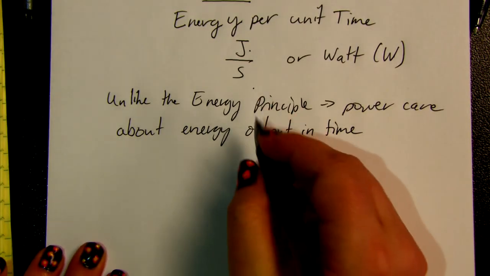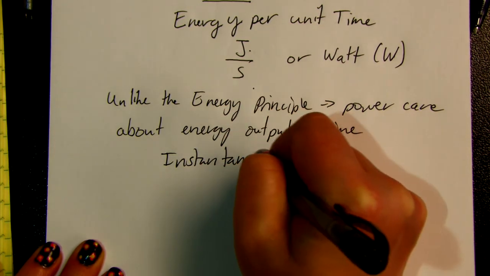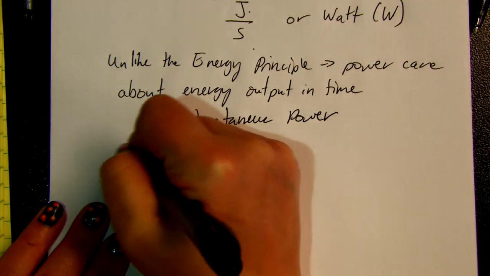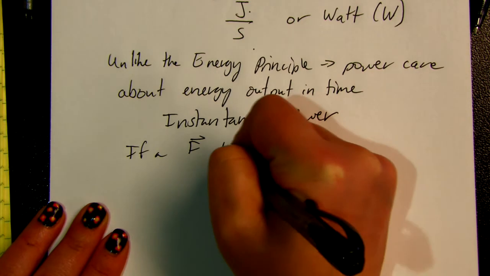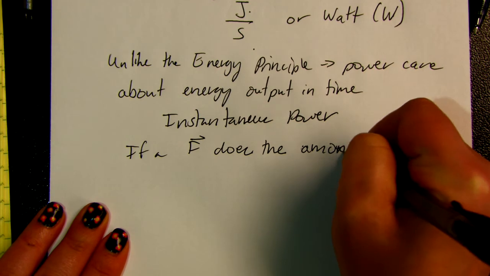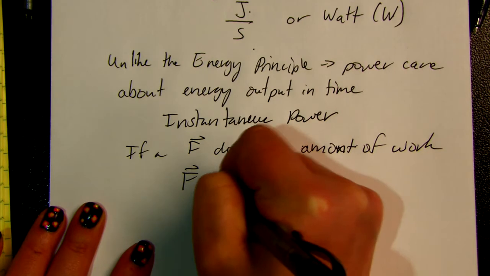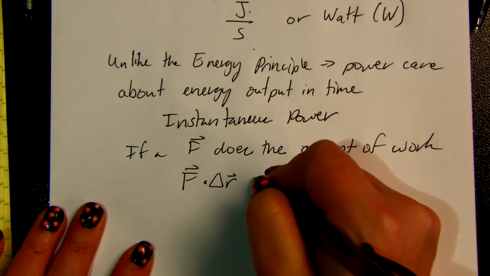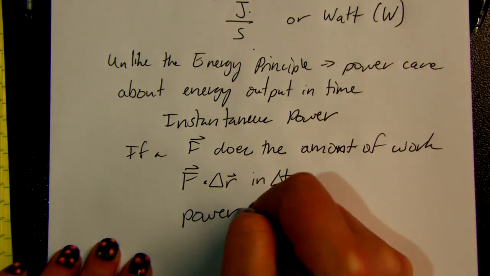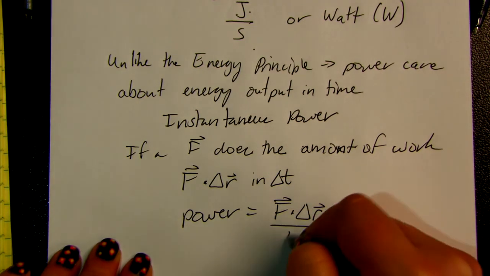All right, so for instantaneous power, if a force does the amount of work F dot dr in delta t, then power is equal to F dot dr over delta t.